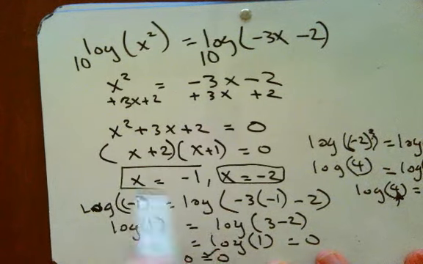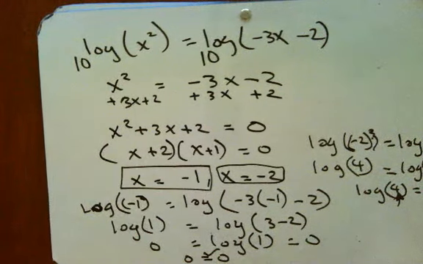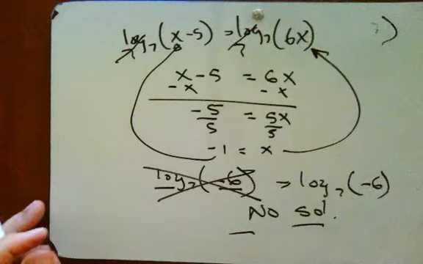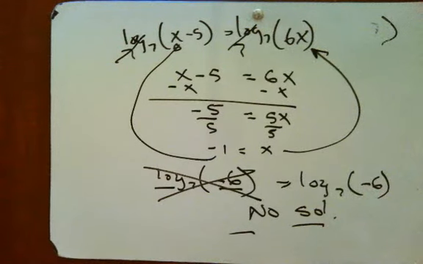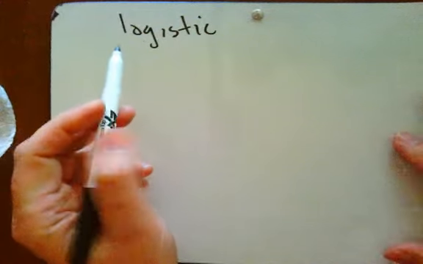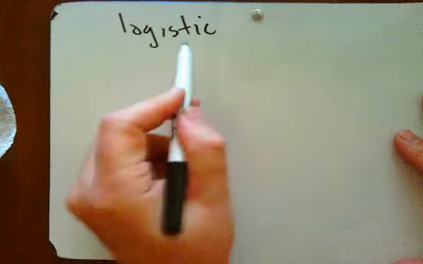That'll be log of 4 on the left-hand side, and on the right-hand side, log of 6 minus 2. Log of 4 equals log of 4. Both of these are positive numbers. We're not asking to take the log of 0 or a negative, so I think not only does negative 2 work, but also negative 1. We've got 2 solutions here, okay?